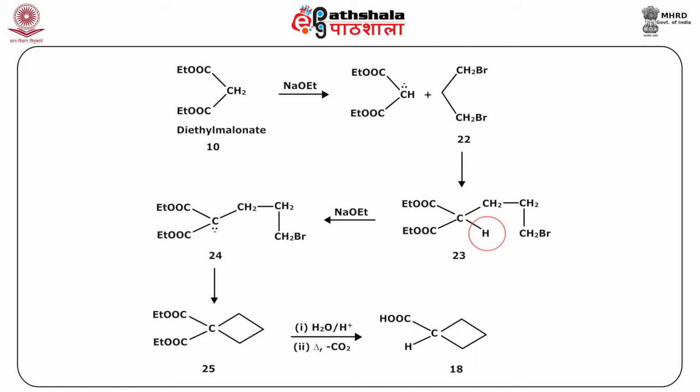In step 3, the base sodium ethoxide abstracts a proton from the compound 23 to generate a carbanion 24, which undergoes intramolecular cyclization to afford the cyclobutane derivative 25.